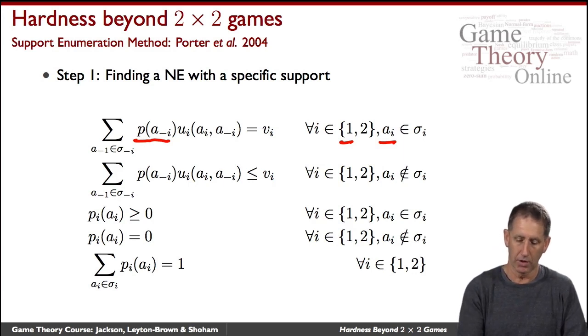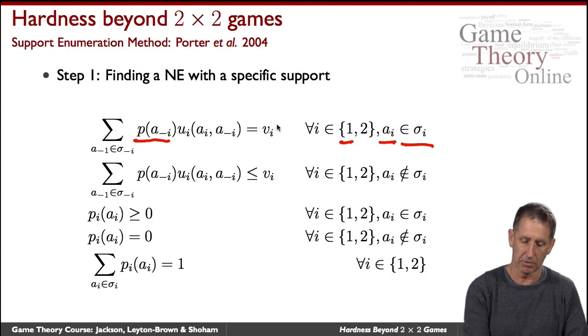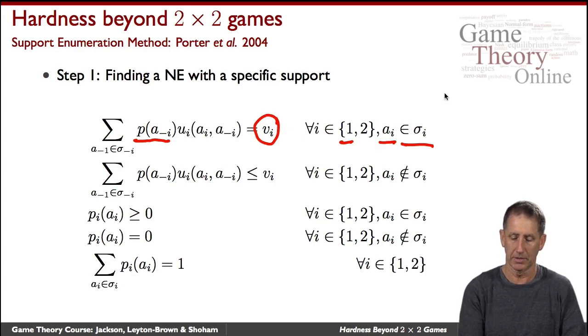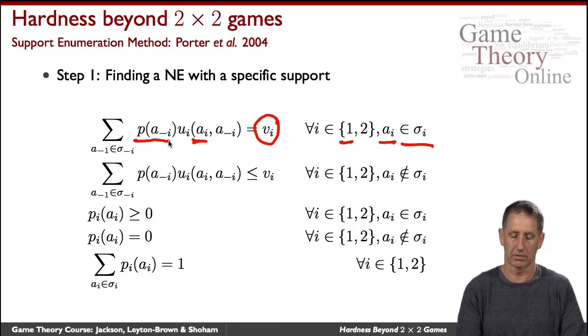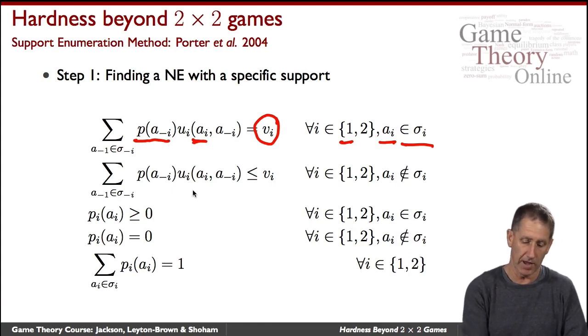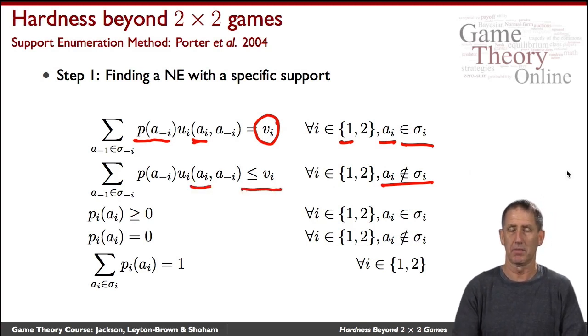So for all actions in the support that we're considering, we want the agent to be best responding. Let's call the best response value v sub i. Then we want a_i to be a best response to the rest, and we want all other actions, those not in the support, to give a value no greater than the best response. And we want this for each of the 2 players and each of their actions in the support.